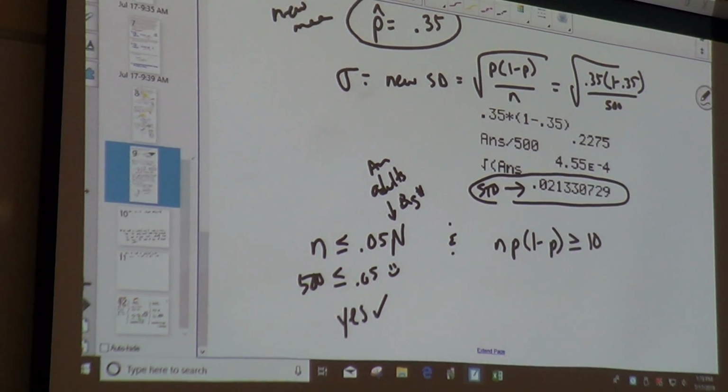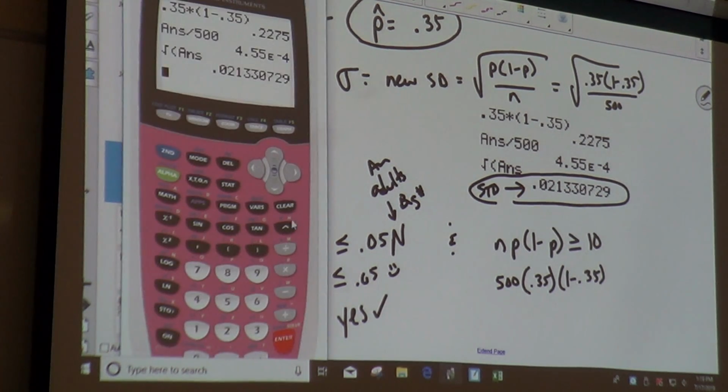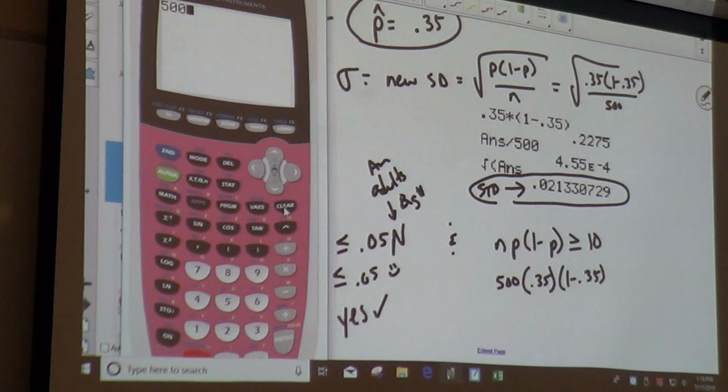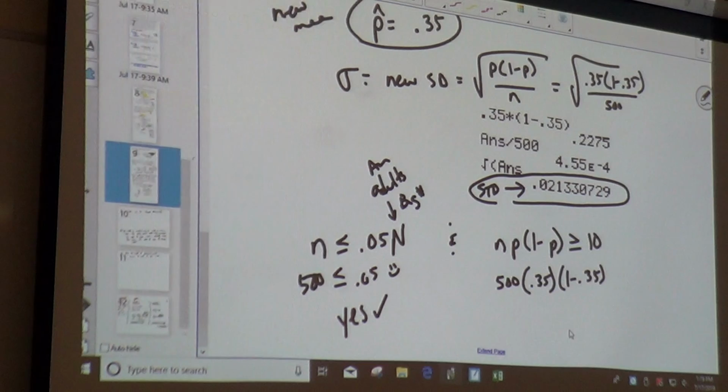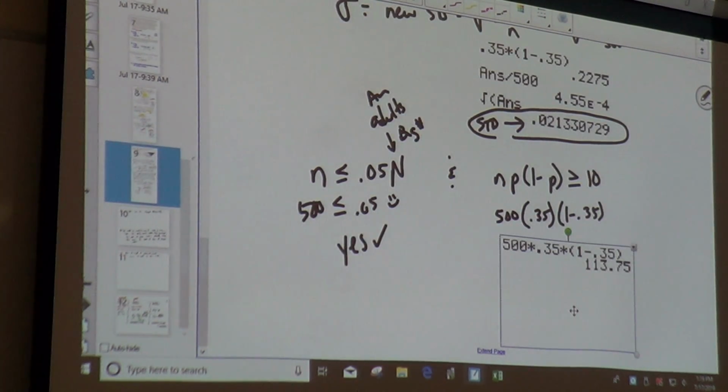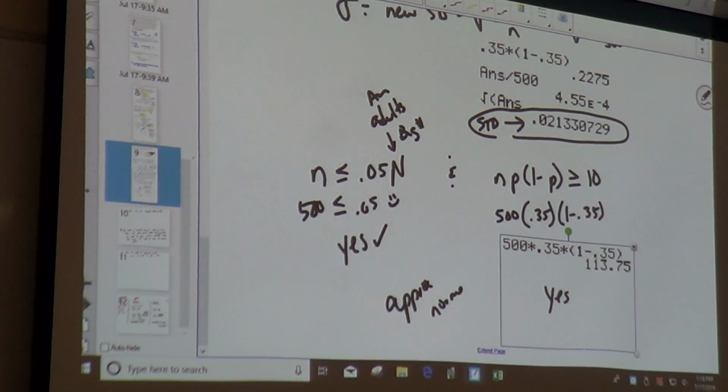Now, to do the other one, n was 500, p was 0.35, then 1 minus 0.35. 500 times 0.35, and 500 times 1 minus 0.35. Hasn't failed us yet. Is it greater than or equal to 10? So what do we say about the curve? It's approximately normal, just like I've said every other time.